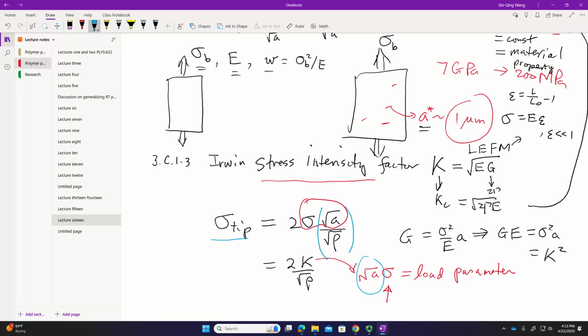So it's a very funny thing, but you also start to appreciate how K is capturing something. K contains a combination of stress and length scale. So K is not a stress anymore. It is this new quantity that's capable of accounting for fracture behavior involving length scale and stress, both.